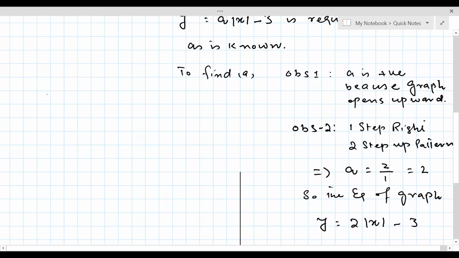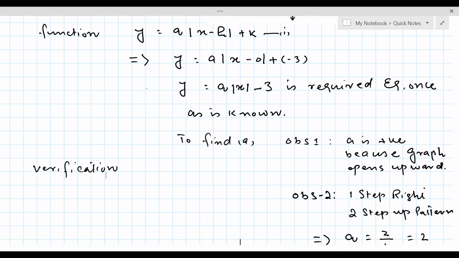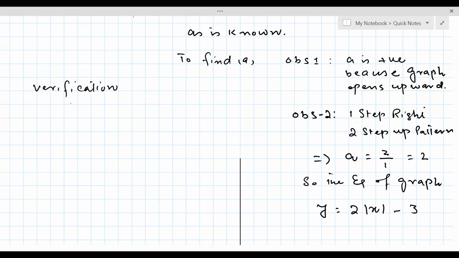And for verification, we can also verify this value of a. We substitute a point. Let's call this equation number 2.